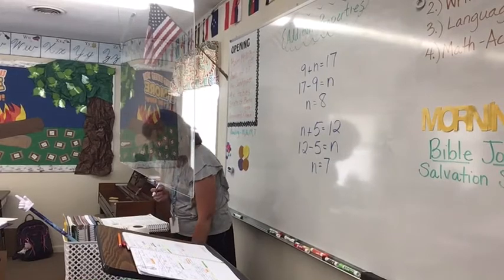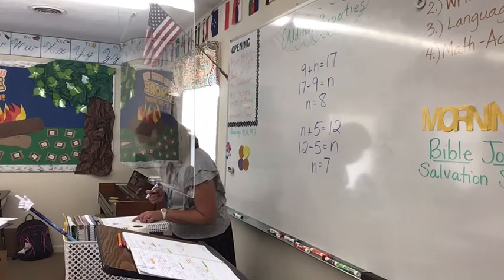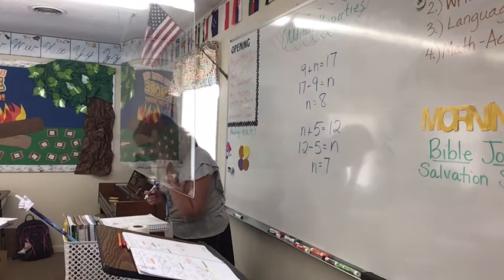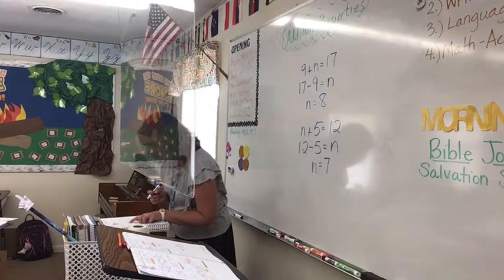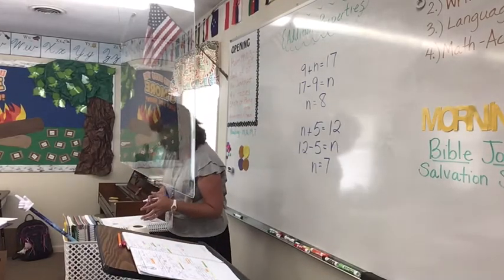Alright, let's go ahead and do this last chart. Write the rule and complete the table. So, you have to figure out what rule they used to get the numbers.